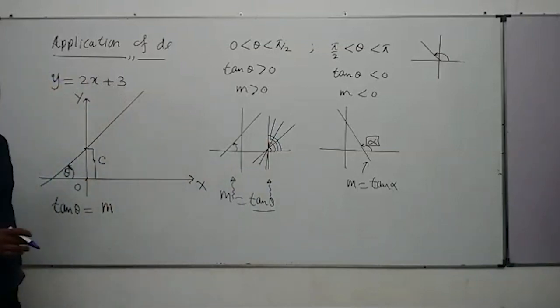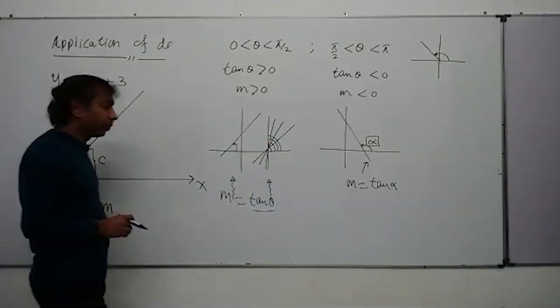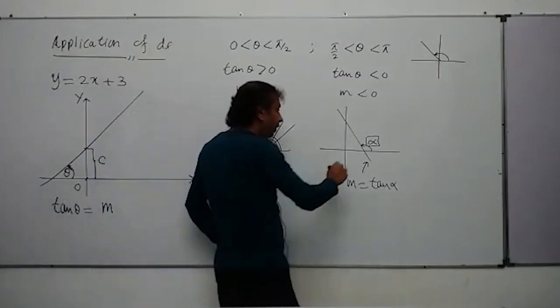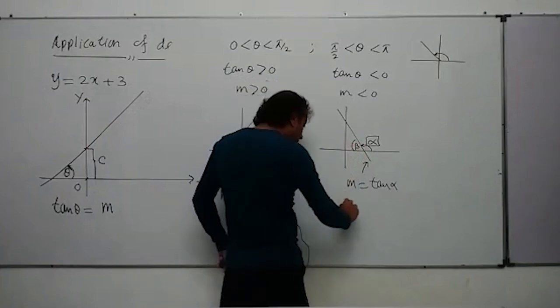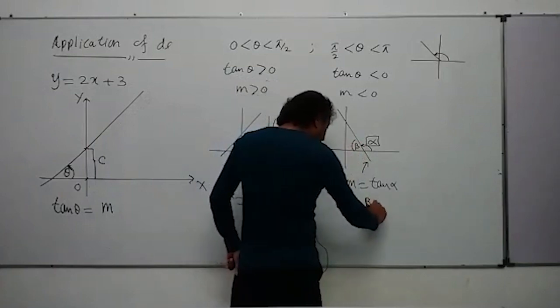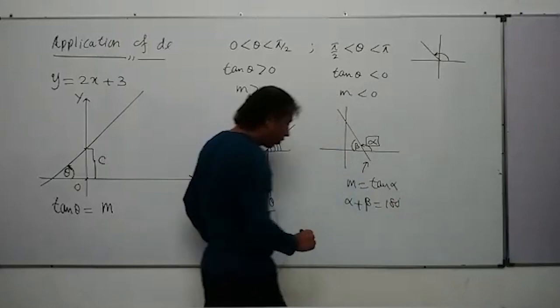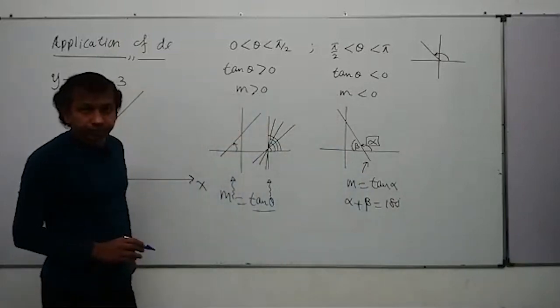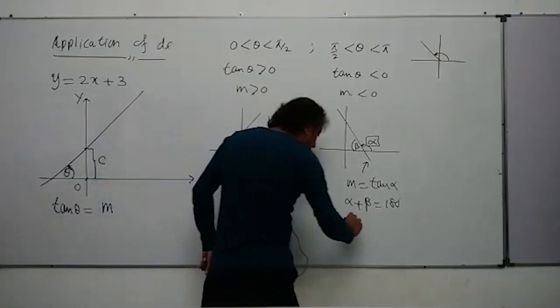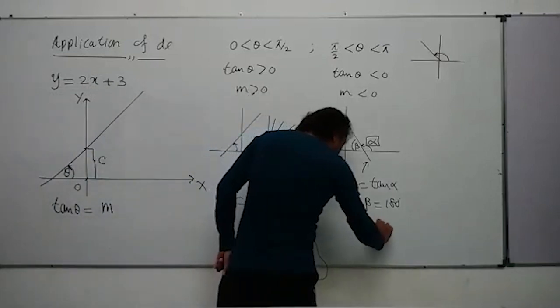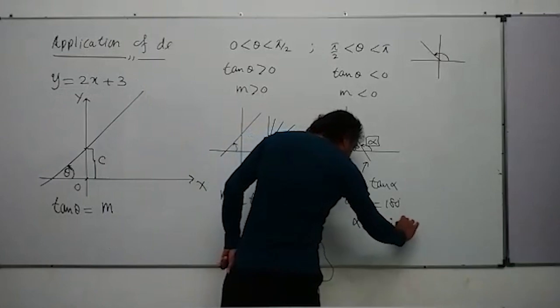Right? The other thing is, now if I take this angle as beta, you can very clearly understand alpha plus beta is 180. Alpha plus beta is 180. Then I can, people, make alpha the subject, taking this beta to the right hand side: 180 minus beta.